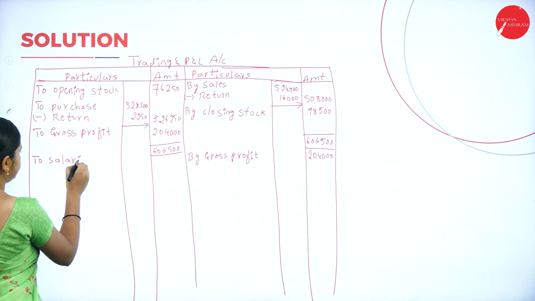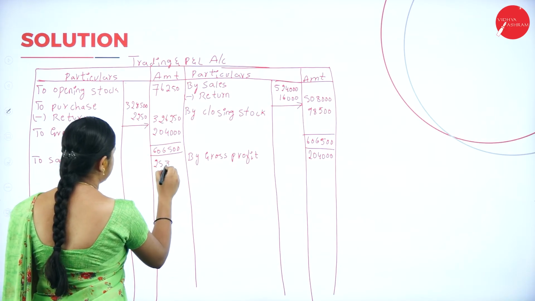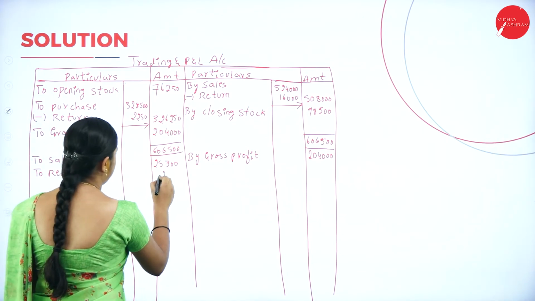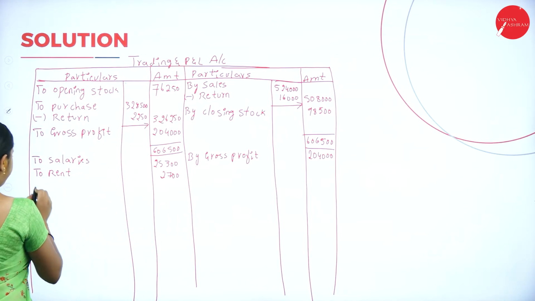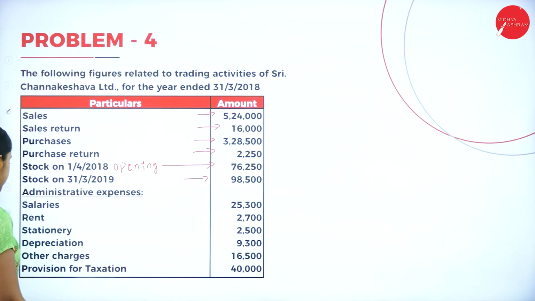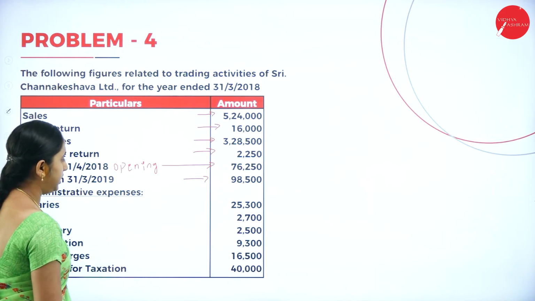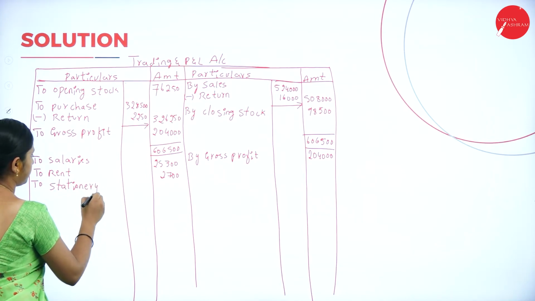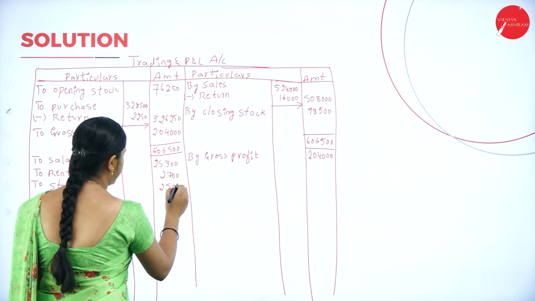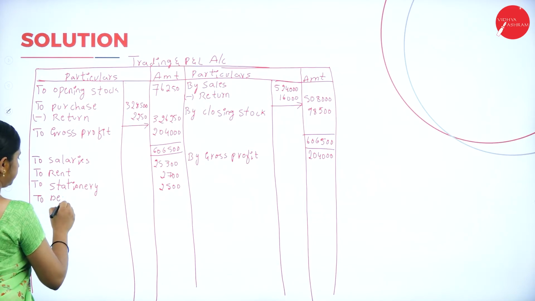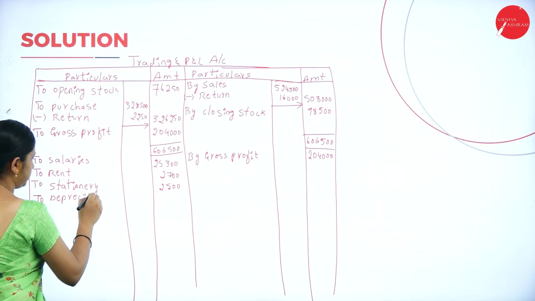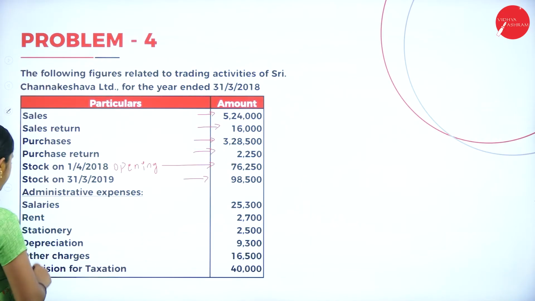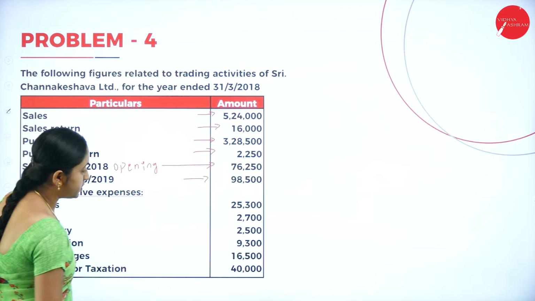To salary 25,300, to rent 2,700, to stationery 2,500, to depreciation 9,300. Next, other charges 16,500.